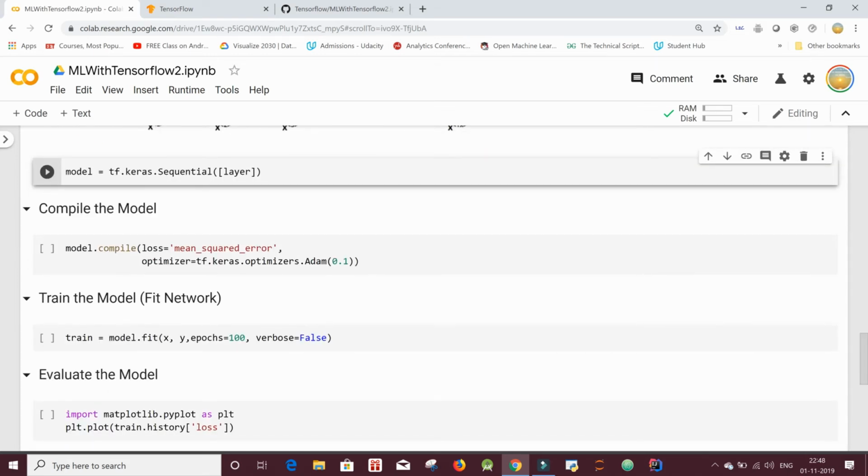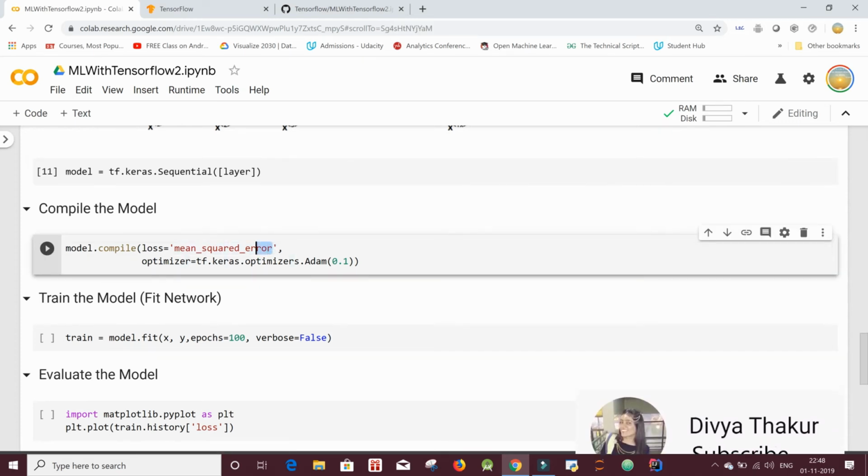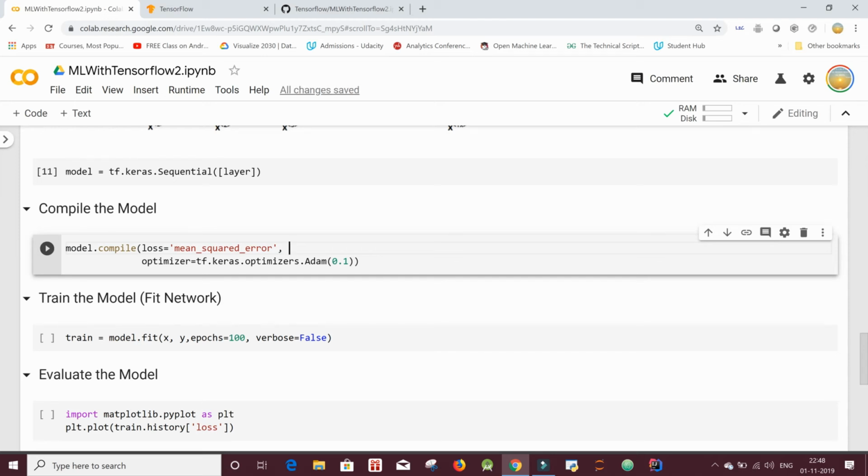For that, the loss that I've taken is mean squared error. If you're not comfortable with what this loss is, you can check out my video, the link to which I have provided in the description. And I'm using the Adam optimizer. You can also use stochastic gradient descent.